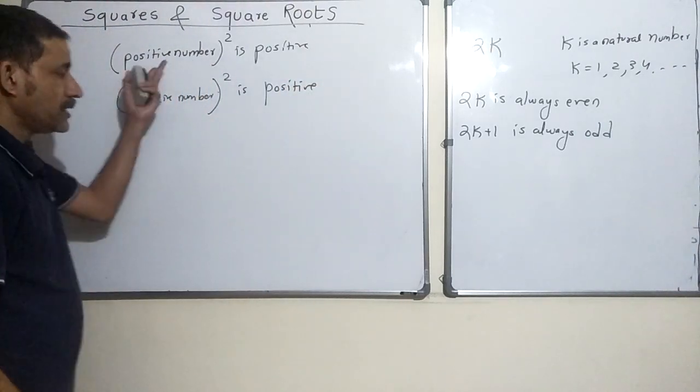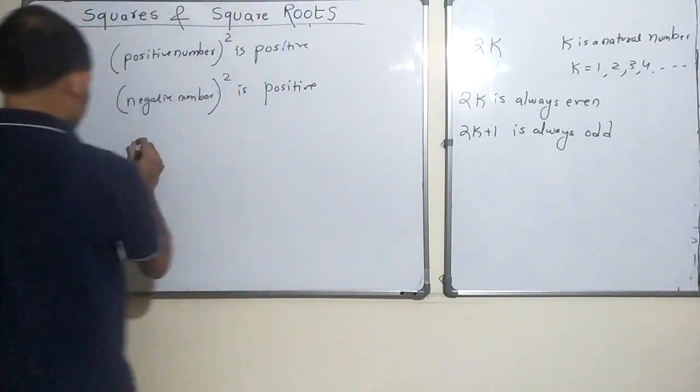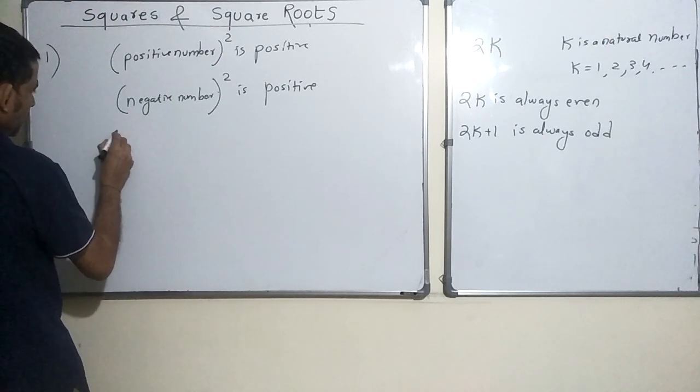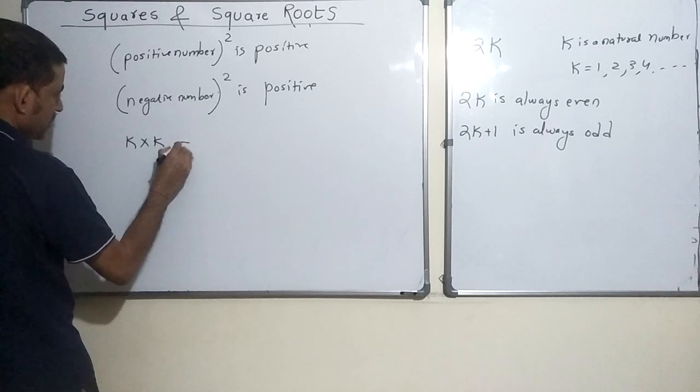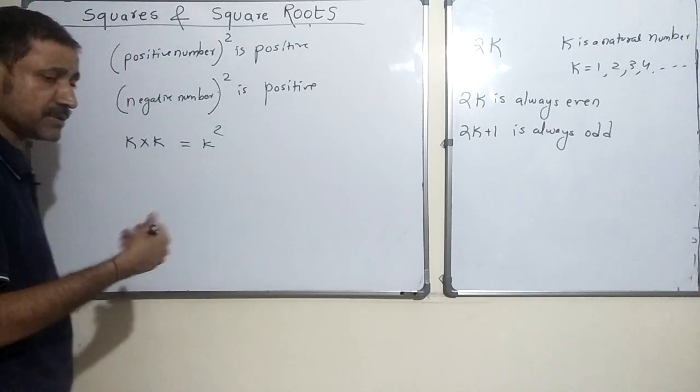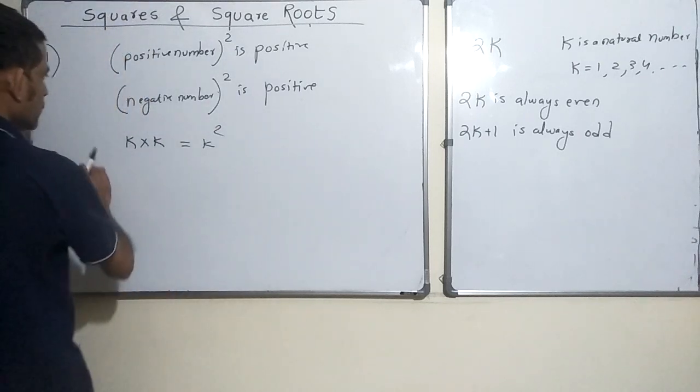You already know positive into positive. So for example, let k be a positive number. Then k into k, which is k square, is positive. 5 into 5, 6 into 6, 7 into 7, and so on. So that's a trivial case.